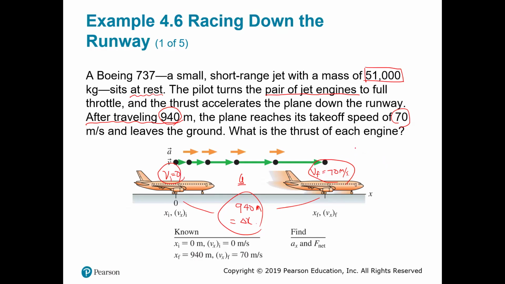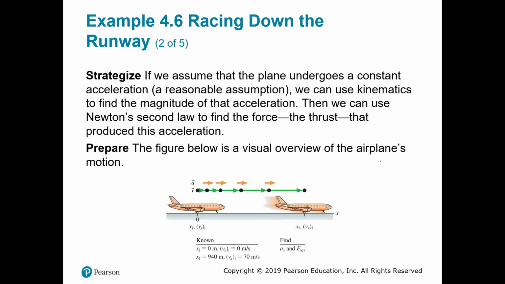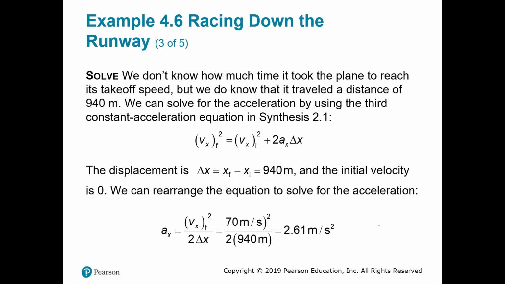V final equals V i plus a t, no, t is not known here, so you have to find the equation that doesn't have t, because you can also find t if you want, but let's find the acceleration first. So you use 2a delta x, with delta x at 940, equals V final squared minus V 0 squared. Then you can find the acceleration will be 2.6.